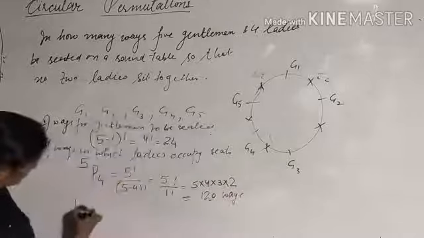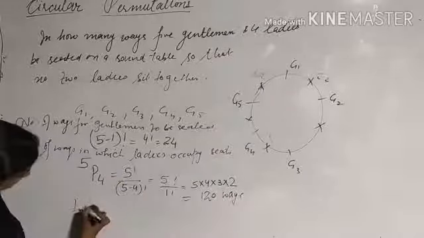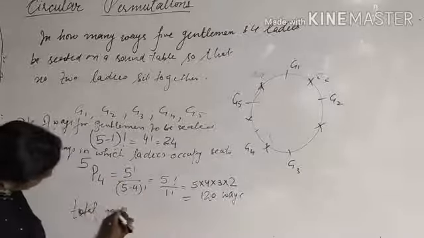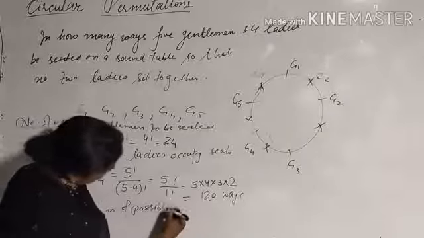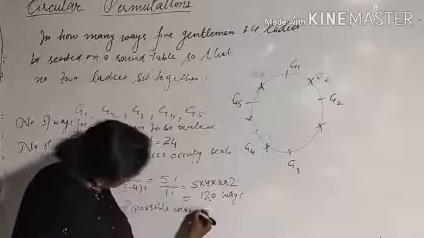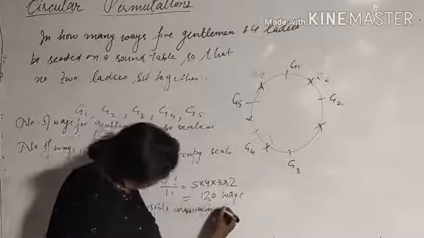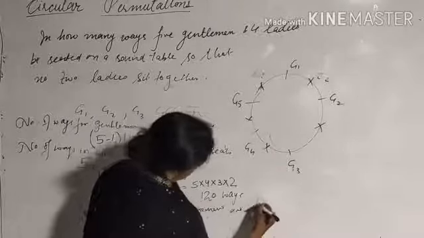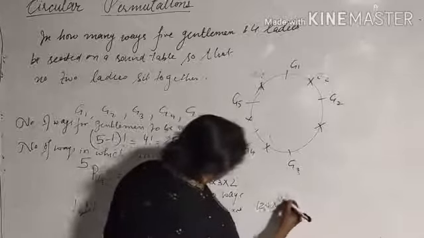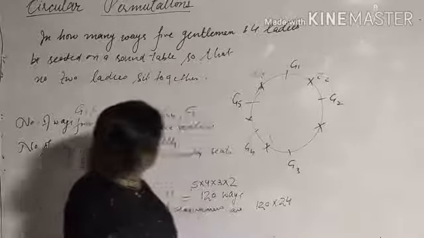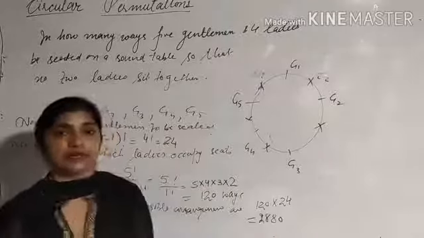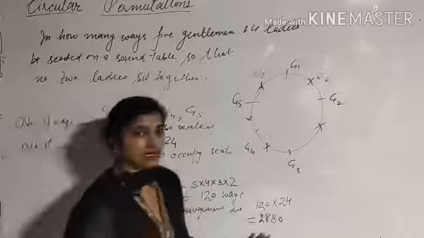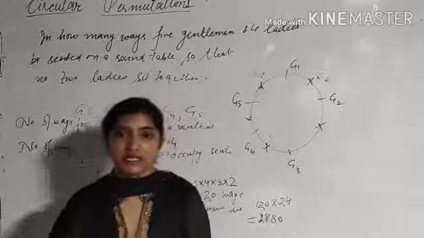So the total number of possible arrangements are 120 multiplied by 24, so this is 2880. So the number of possible ways are 2880.